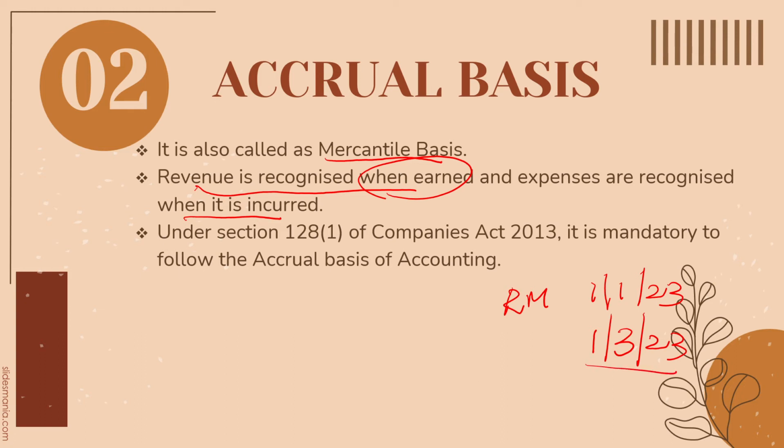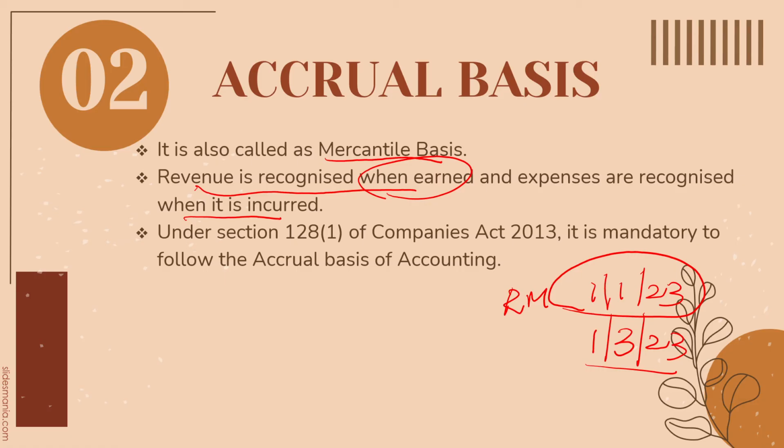But as per accrual basis, I'll have to record the transaction on 1st January itself. Why? Because it is already incurred, already earned, already recognized. Whether you actually make the payment or not, it is due. Whether you actually receive the payment or not, it is already matured. So it is already recorded in the books of account.